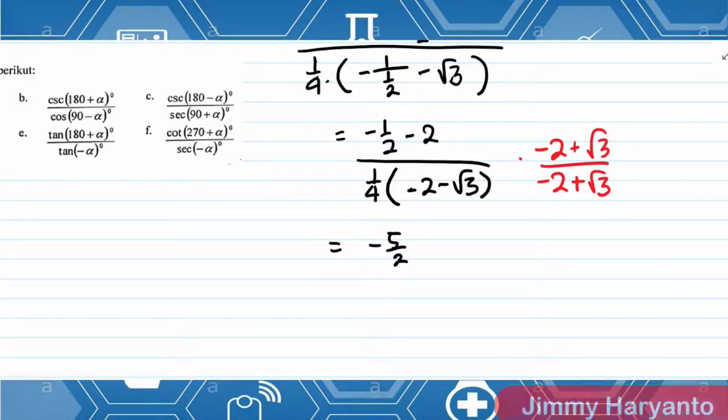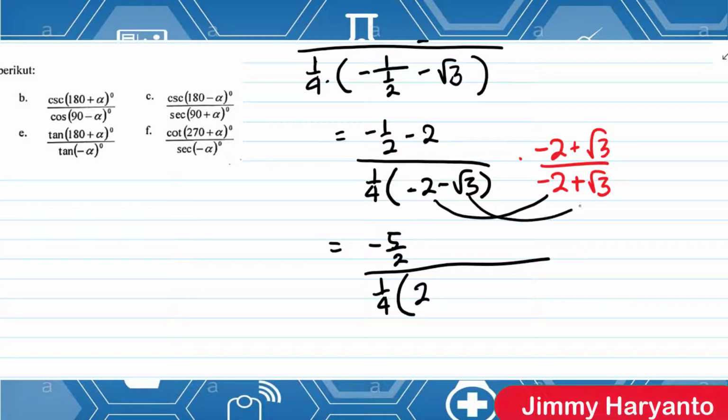4 over 2, okay, over 1 over 4, this times this equals to 2, and then this times this equals to negative 3, sorry, this one is 4. Negative 2 times negative 2, it will be 4, and then minus 3. Okay, so the top part will be negative 2 plus square root of 3.